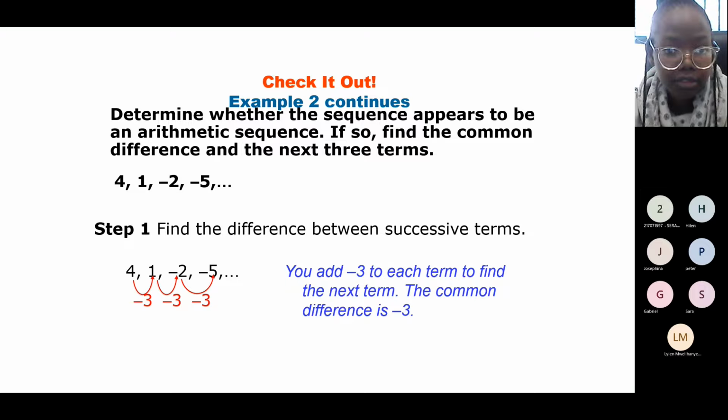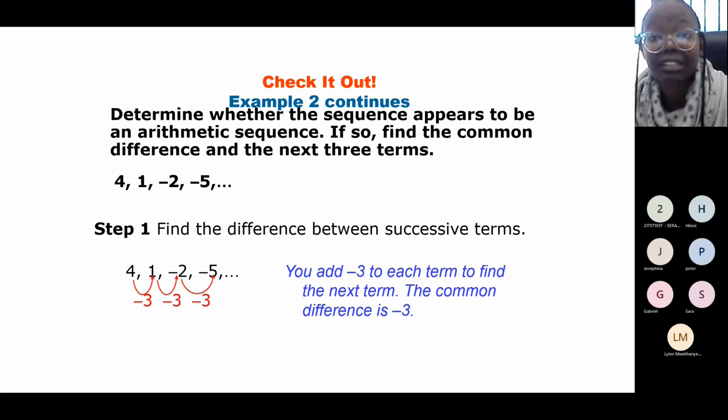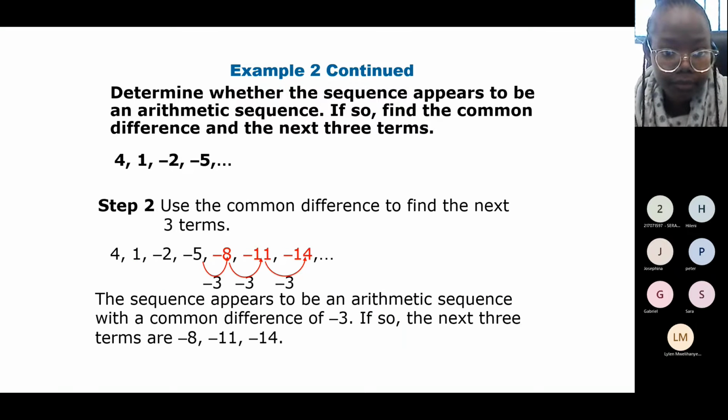How do you find the next three terms? Or the next 3, 4, 5, 6? That's why we call it the nth term of an arithmetic sequence. To find the next three terms, you know what your common difference is, so you use the common difference.